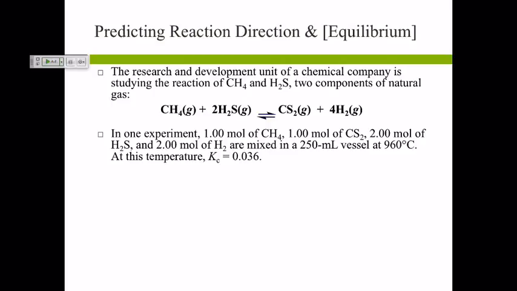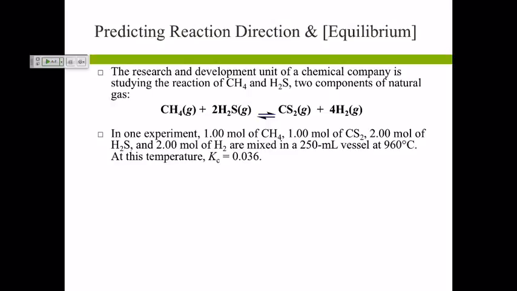A unit of a chemical company is studying the reaction of CH4 and H2S, 2 compounds of natural gas. Okay, and then we have a balanced equation where methane reacts with hydrogen sulfide to generate carbon disulfide and hydrogen gas. Chelsea?